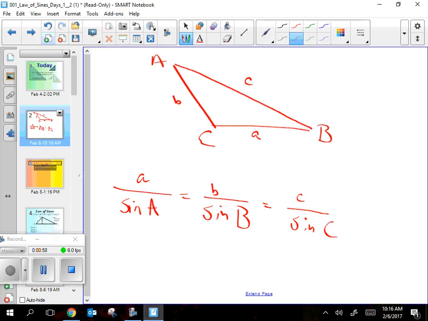Now, there's nothing magical about these letters. Later on in our homework, they're going to start calling big A alpha. So just so you know, alpha is just a different way to say A, right? And so instead of using a capital A, they actually use a little alpha and a little a.